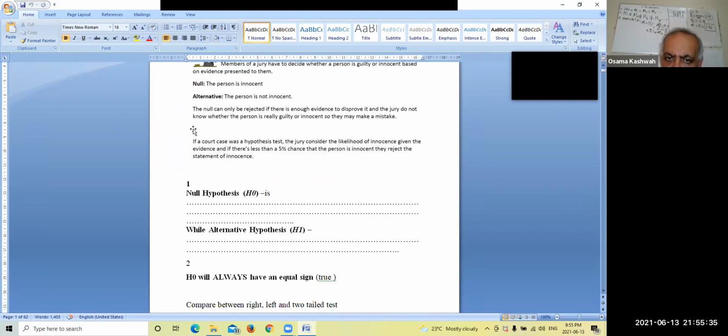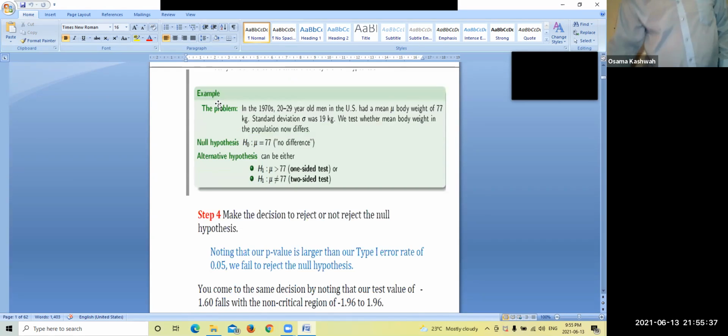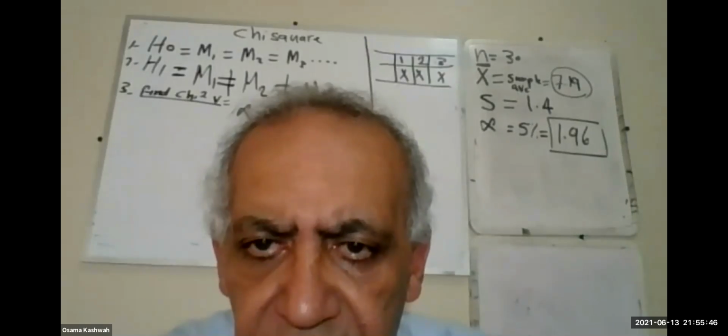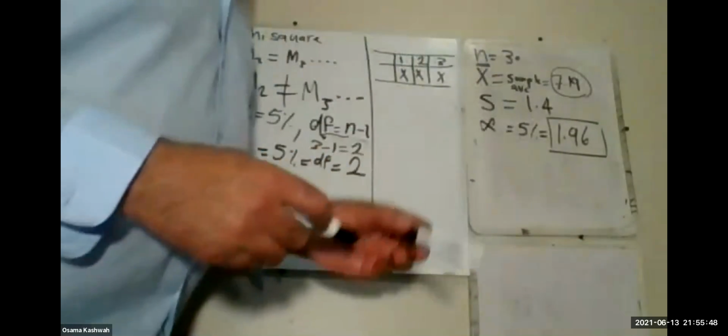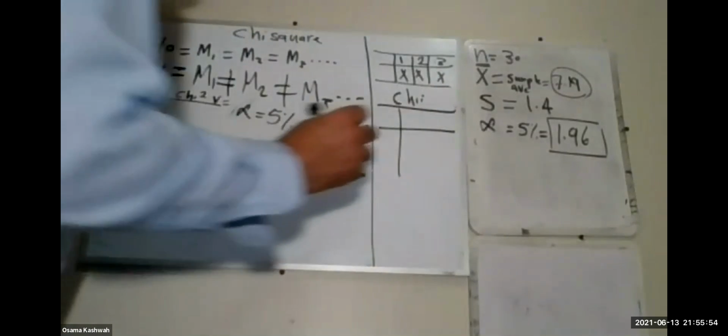Right, okay. So what I will do is go to the chi-square table. Then I will look under 5%, and this is the degree of freedom: 1, 2, 3, 4.